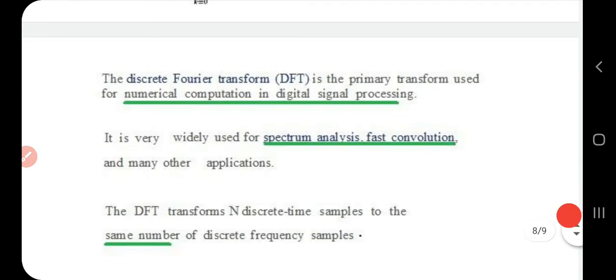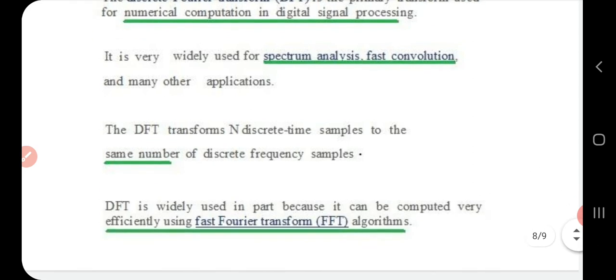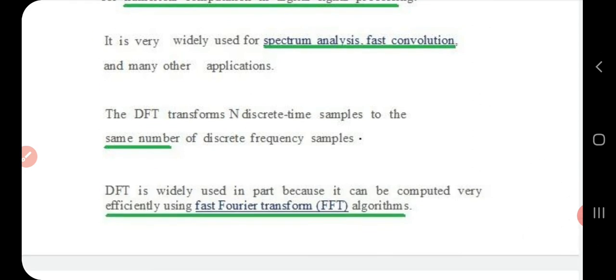Now DFT is mainly used for numerical computation in digital signal processing. It is used for spectrum analysis, fast convolution, and it is also used in part because it can be computed very easily using FFT or fast Fourier transform algorithms, which we will study later. So DFT transforms N samples into the same number of discrete samples.